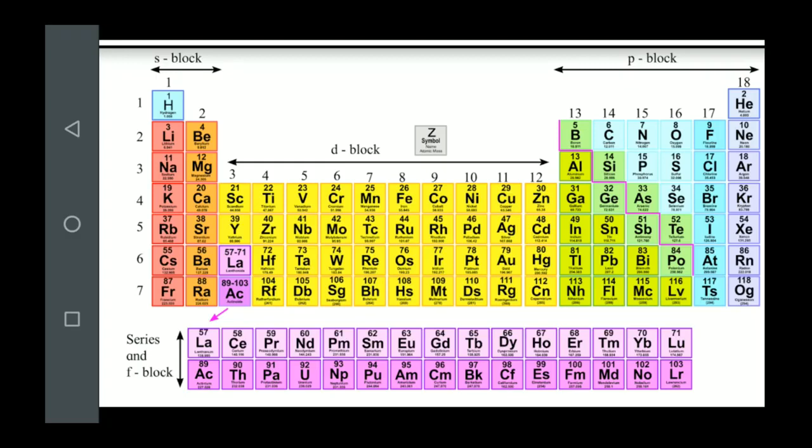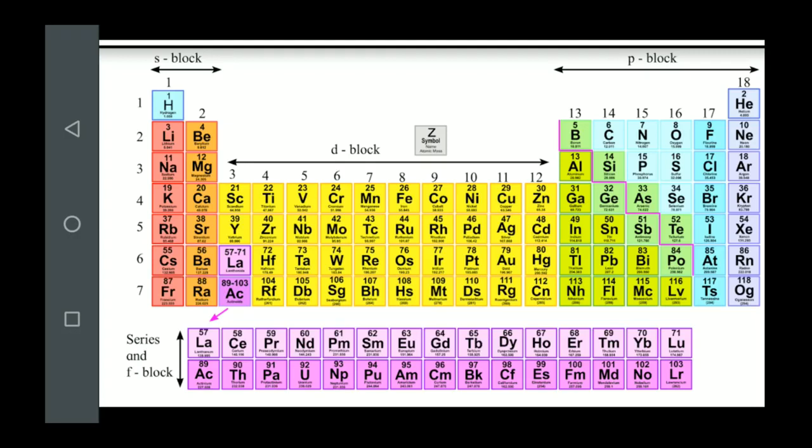The first series of 14 elements is known as the 4f series, because in these 14 elements the last electrons are going into the 4f orbital. In the same way, the next f block series is known as the 5f series.